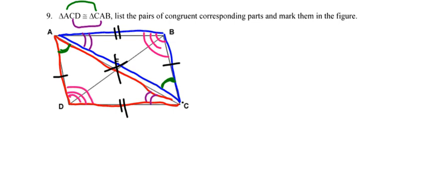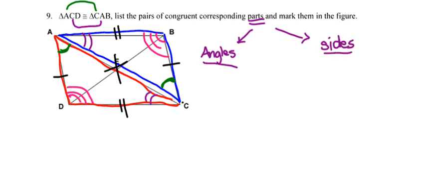So now that I've got my diagram all outlined, it's asking me to list the pairs of corresponding parts. So when they say parts, they really refer to angles and the sides in these triangles. So now I'm going to just read what I have right out of the diagram.